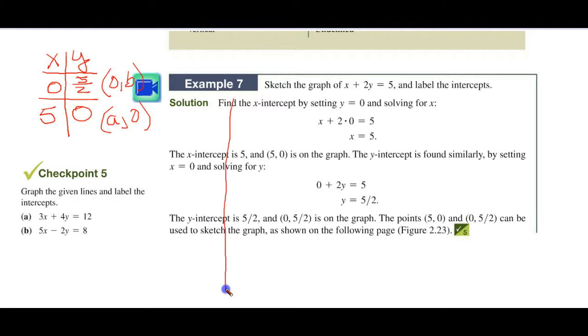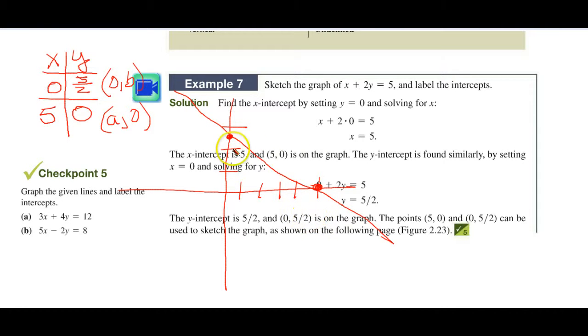Now when you graph that, and you'll be using your MATLAB to do it, 1, 2, 3, 5/2 is 2.5, so right there, and then (5, 0), 1, 2, 3, 4, 5. You have plotted the y-intercept, the x-intercept, and then just by doing those two spots, you get your graph.